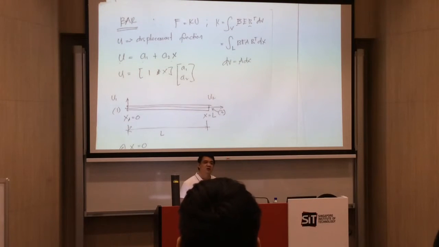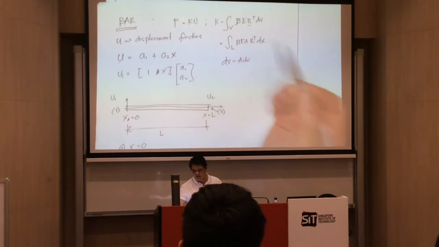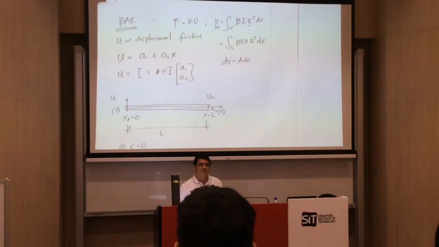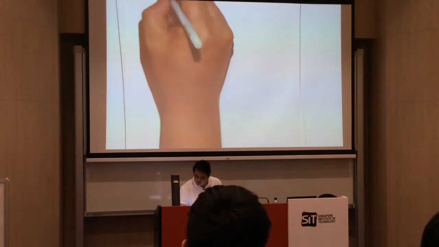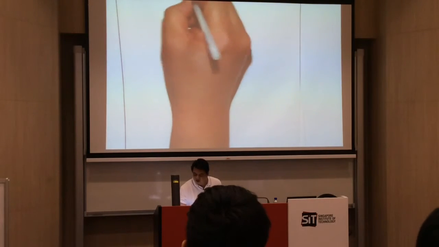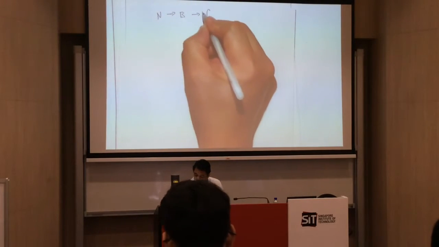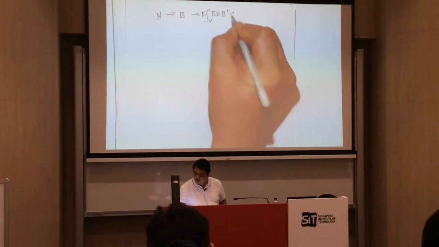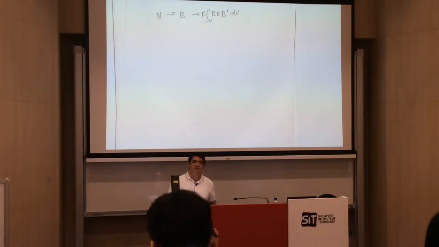Once you get your strain displacement matrix, you can now calculate for your stiffness matrix. So once we get your N, we get your B. Once you get your B, you get your K, which is the integral of B transpose E B dV. So that's basically the procedure to be able to get your stiffness matrix.